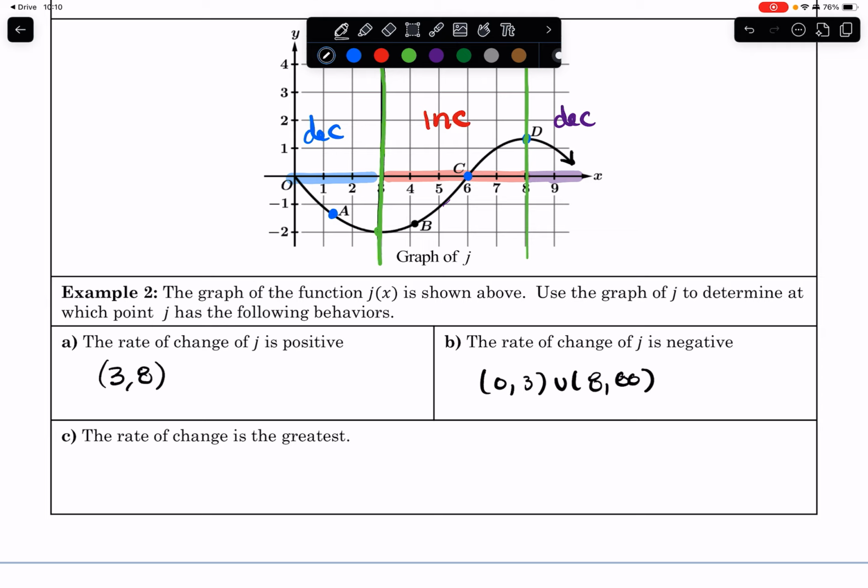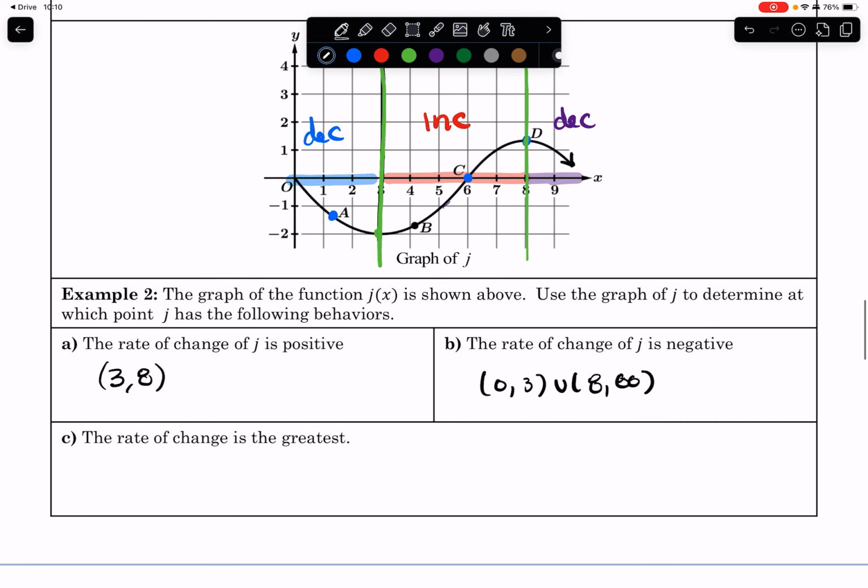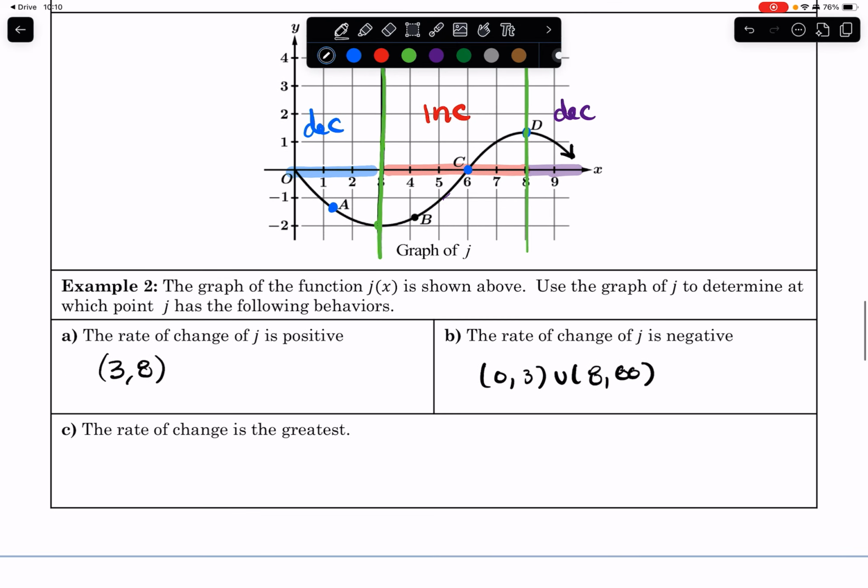And now, which rate of change is going to be the largest? So that's where we're going to use the points. Is the rate of change going to be the largest at point A, at point C, or at point D?